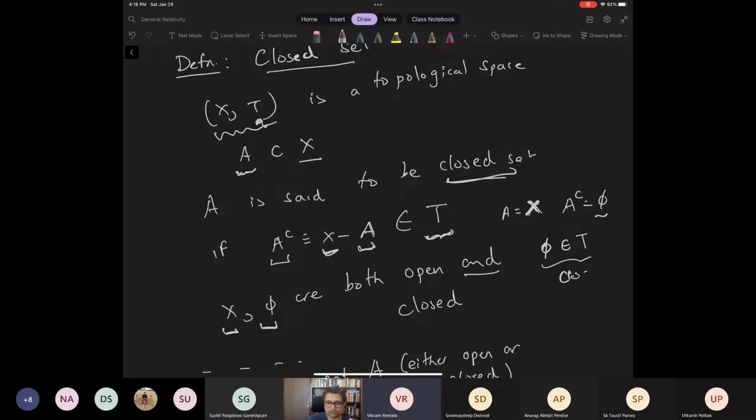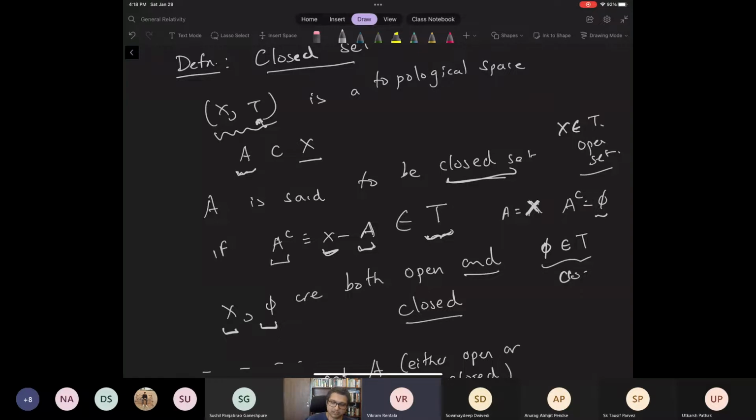But also, by the fact that X belongs to T, X is an open set. Remember, this definition of open set and closed set is not in the sense of open intervals and closed intervals. This is what we mean by an open set and a closed set in terms of topological spaces. So keep that distinction clear.